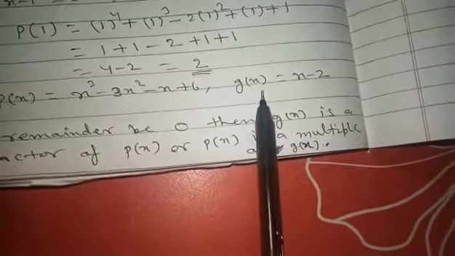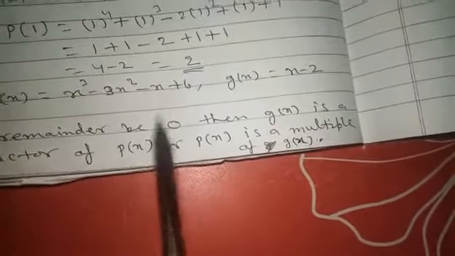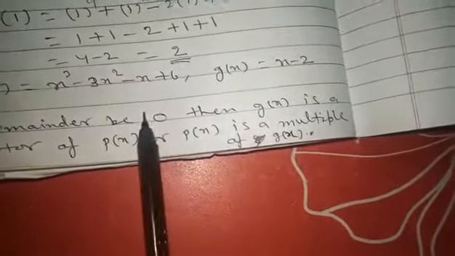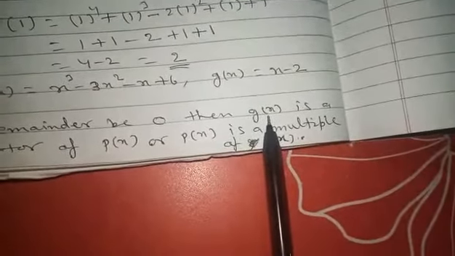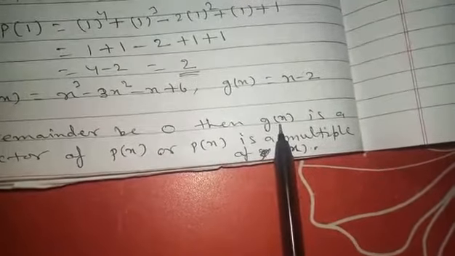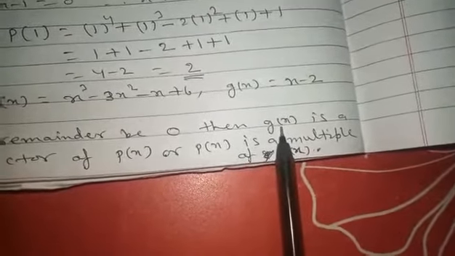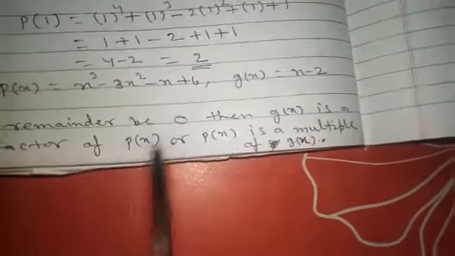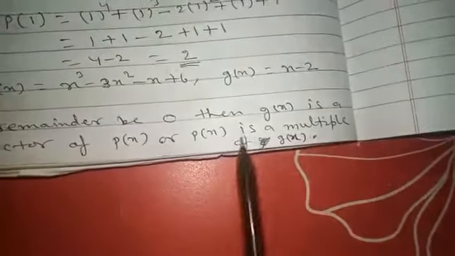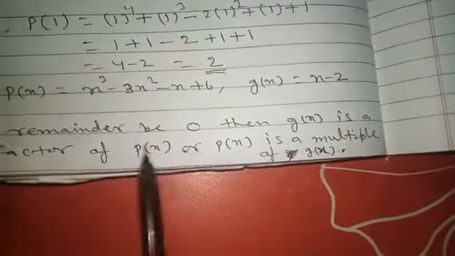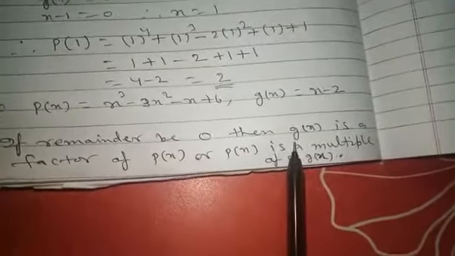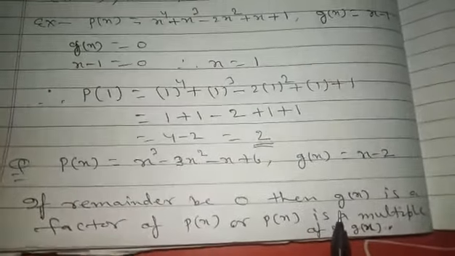When you put the value and your remainder is 0, then g(x) is a factor of P(x) and P(x) is a multiple of g(x). It is an important relation between P(x) and g(x) when the remainder is 0.